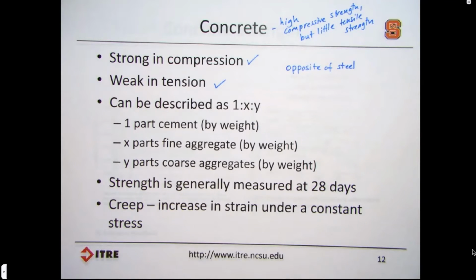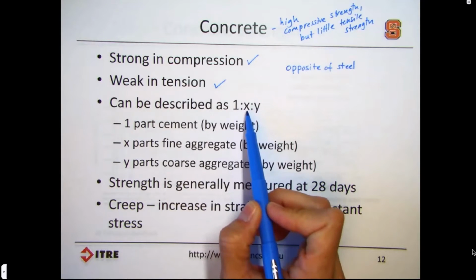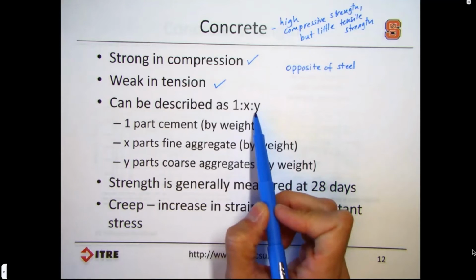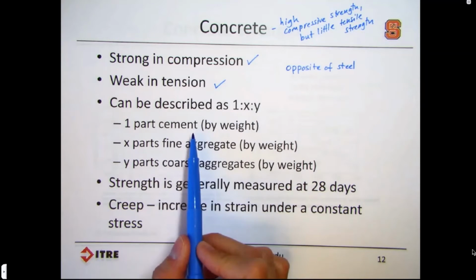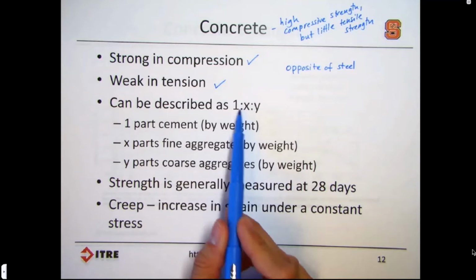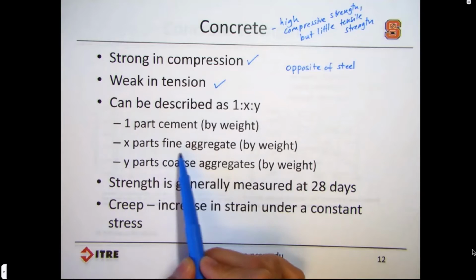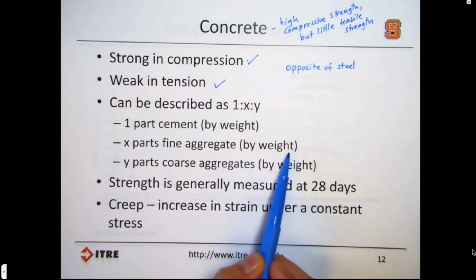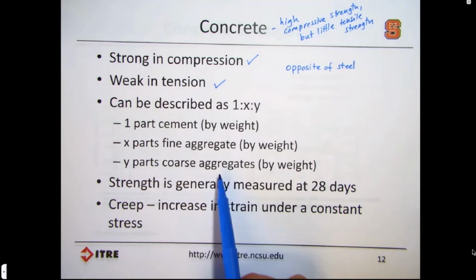When we talk about concrete mixes, we do them in this 1 to X to Y ratio. The first number is the part of cement by weight. The second number, some X I used here, is part of fine aggregate by weight. And the third number Y here is the part of coarse aggregate by weight.